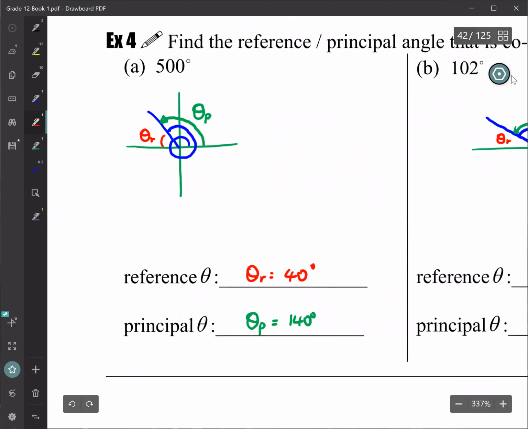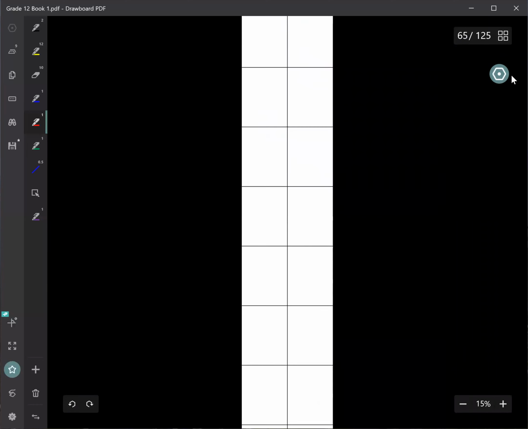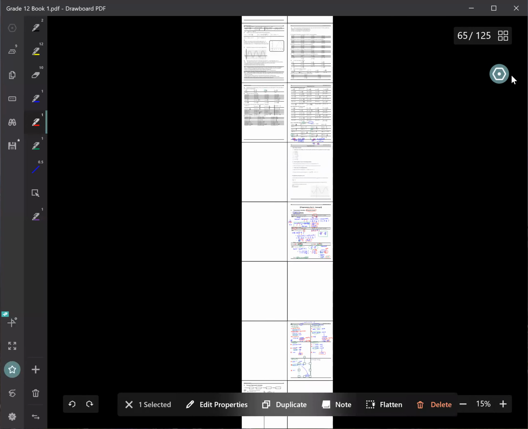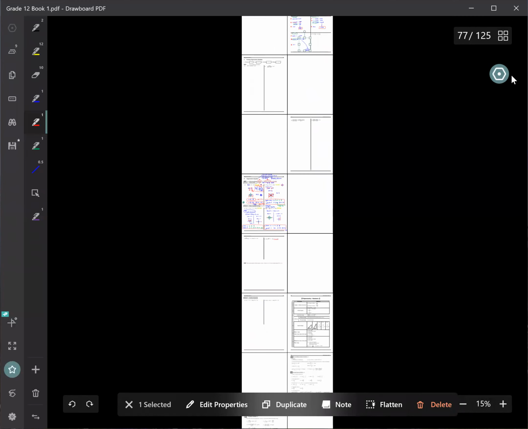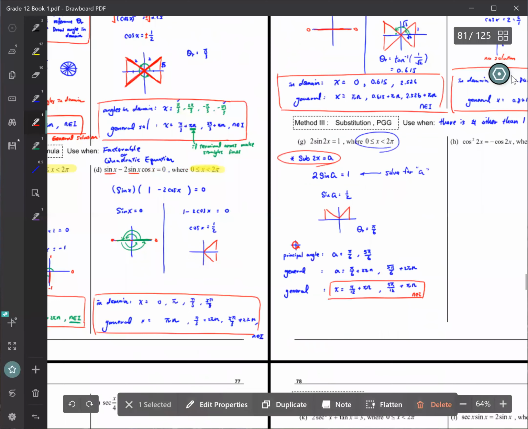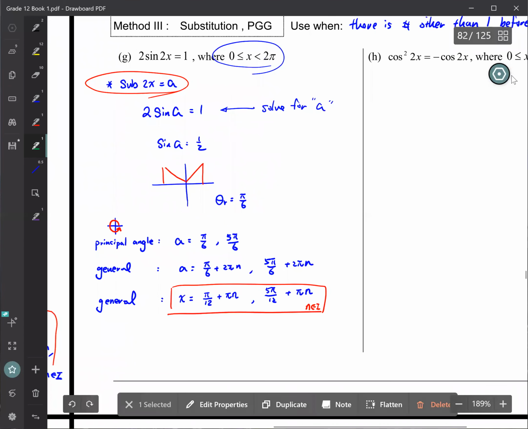That's called the principal angle. Always start from 0 and then you turn in the positive direction, stopping at the terminal arm. Let me go to that page again. The one we have here has 2 arms, right? So principal angle, one will be here, the other one will be here. Those are the 2 principal angles.